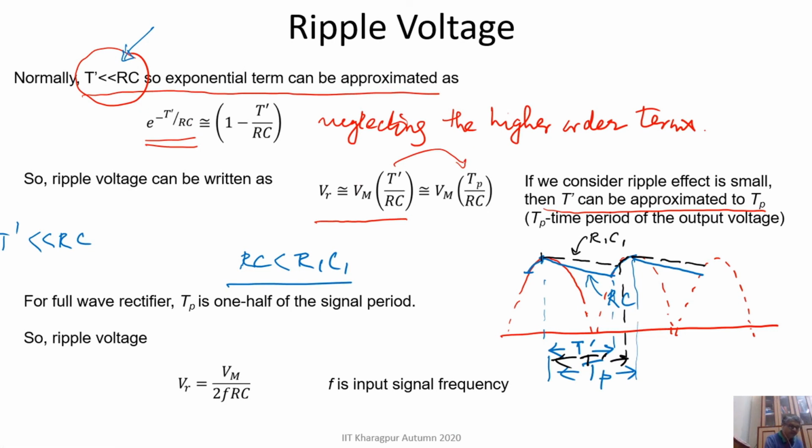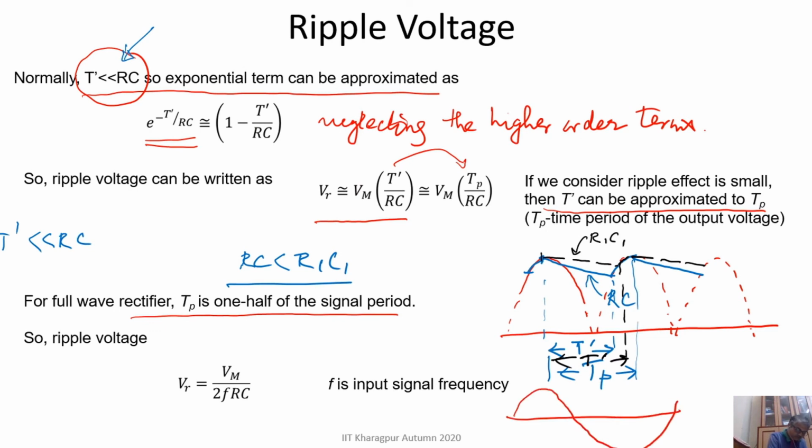For a full wave rectifier, TP is basically one half of the signal period, right? Because the entire signal in case of a full wave rectifier is this.